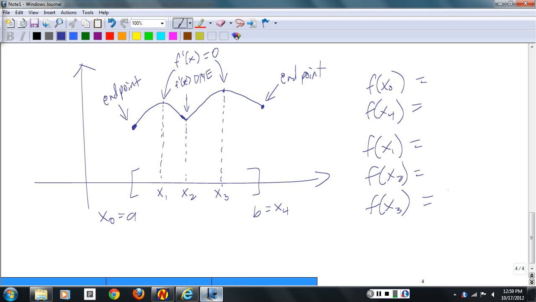The greatest of those 5 numbers is the absolute maximum value of the function on this interval. Looking at the picture, what's going to be the greatest of those 5 numbers? So f of x sub 3, whatever we get there, get a number. This is the maximum. And what's going to be the least of those 5 numbers?